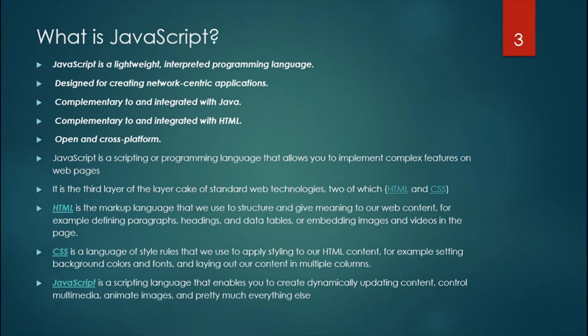What is HTML? HTML is the markup language that we use to structure and give meaning to our web content. For example, defining paragraphs, headings, and data tables, or embedding images and videos in the pages. What is CSS? CSS stands for Cascading Style Sheets, a language of style rules that we use to apply styling to our HTML content.